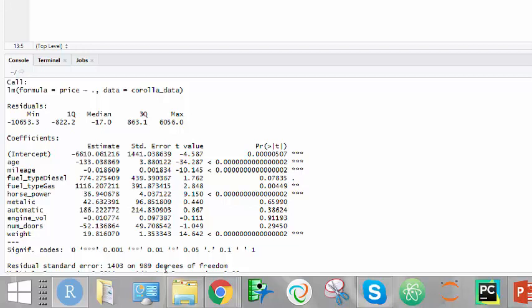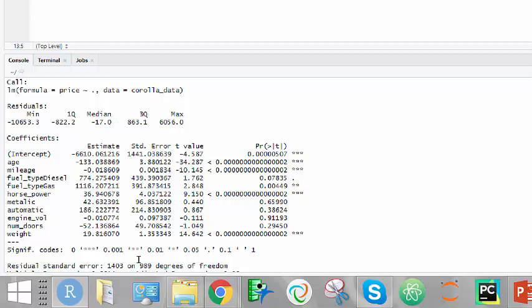Do you see any candidates for natural deselection, so to speak? How do we decide? If the p-value is greater than alpha, let's pick the standard alpha 0.05. Do we see anything that maybe is useless? Now tell me, do you see any variables which are candidates to be removed from the model?